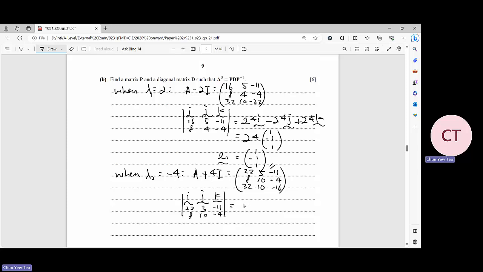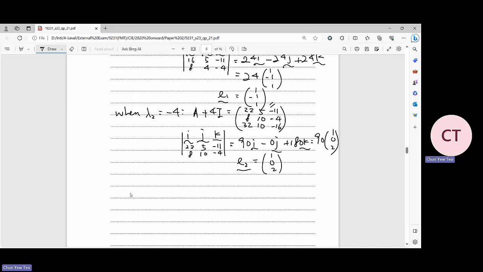If you expand them, you get 90i minus 0j plus 180k. You can take the 90 out, so your second eigenvector E2 will be 1, 0, 2.